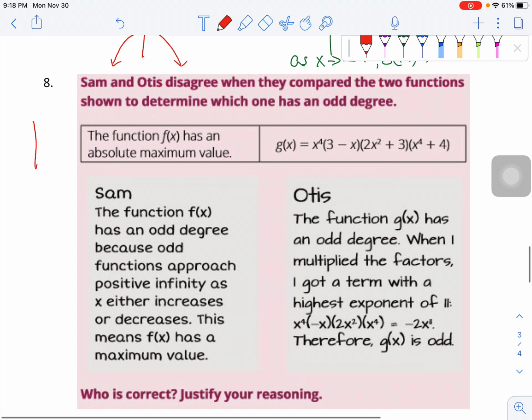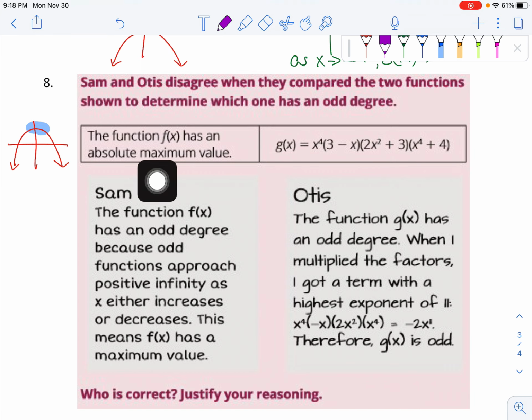If you have an absolute maximum, you have a graph that looks something maybe like this, where this point up here is your absolute highest point you ever hit, okay? Now, if you have an absolute maximum, you don't have an odd degree. This has got to be some kind of an even degree function, okay?